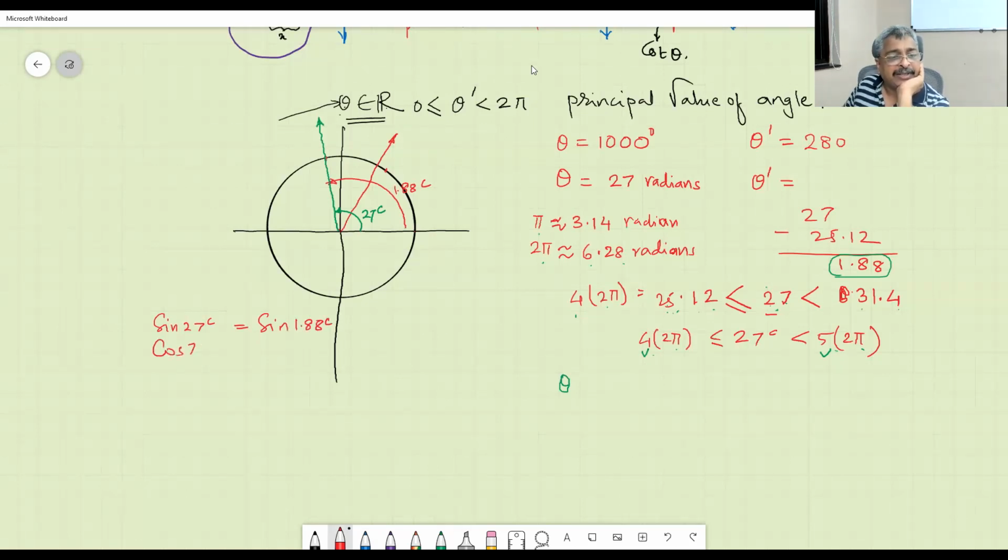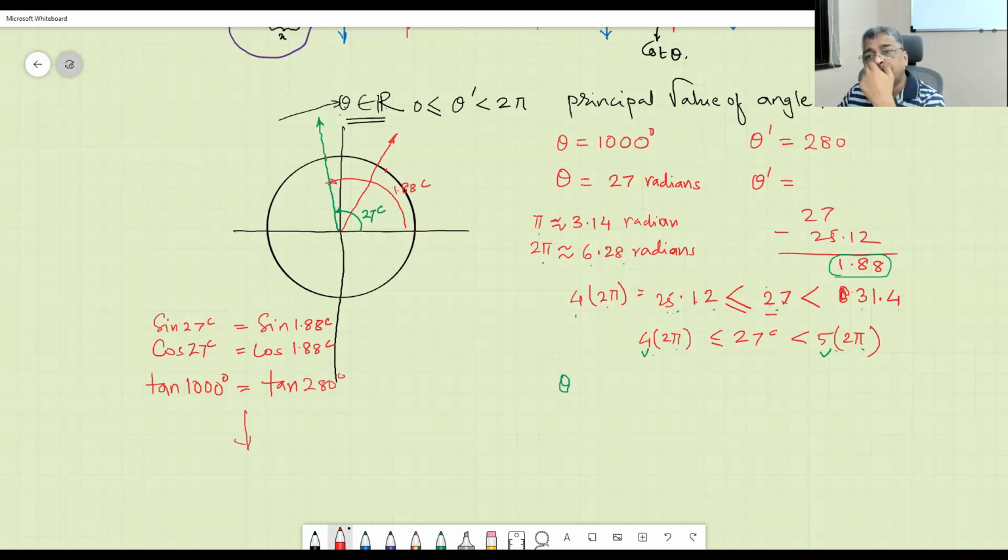Cos 27 radians is equal to cos 1.88 radian. Tan 1000 degree is exactly the same as tan of, how much you said, 280 degree, and so on.